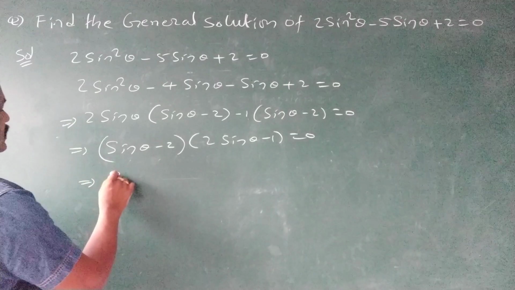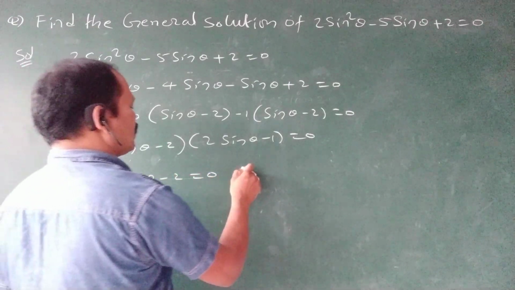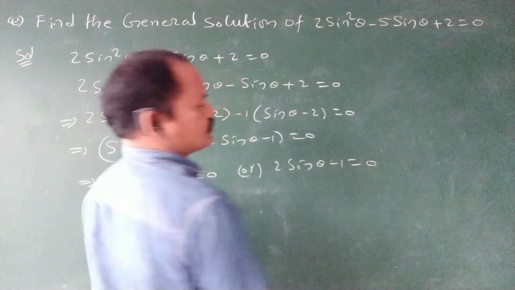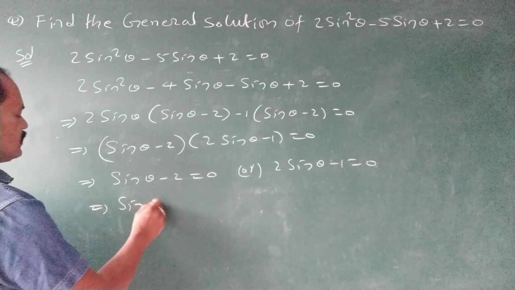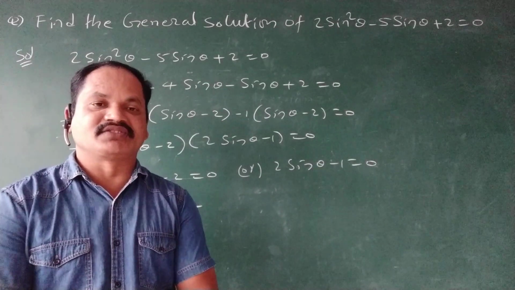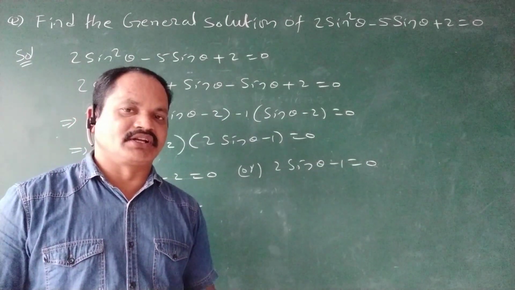So two factors here: sin theta minus 2 is equal to 0 or 2 sin theta minus 1 is equal to 0. From this, sin theta is equal to 2. For this there is no solution since sin theta lies within the interval minus 1 to 1.